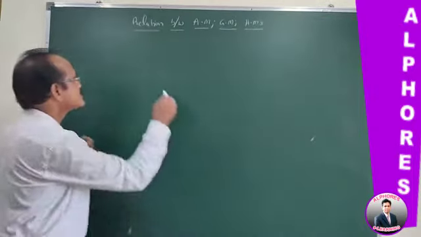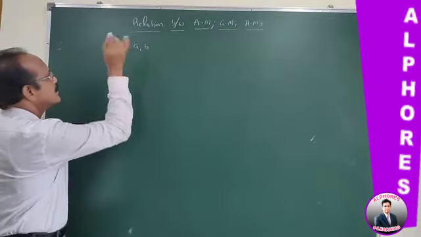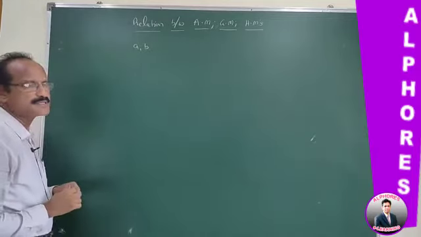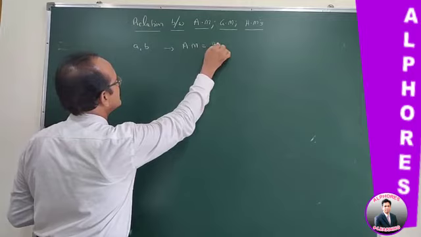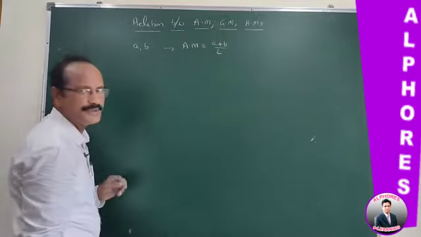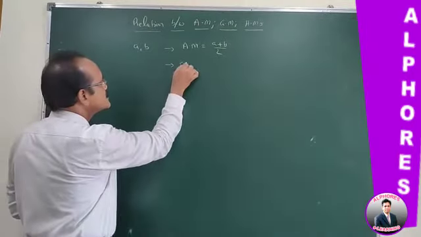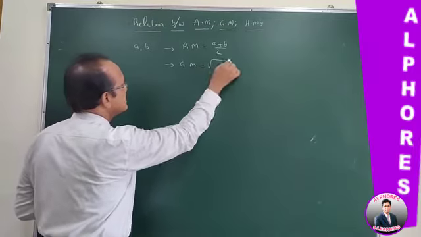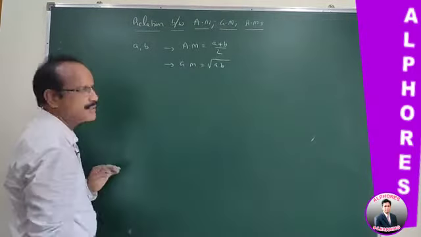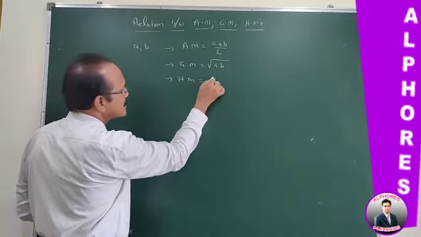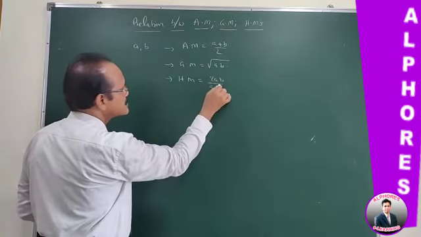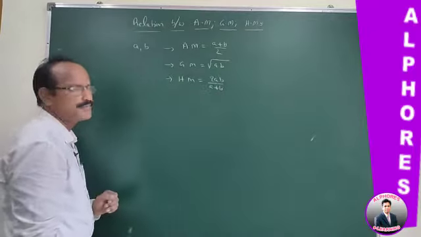So basically, suppose A, B are any two positive real numbers, then their arithmetic mean is given by (A plus B) by 2, geometric mean is given by root AB, and harmonic mean is given by 2AB by (A plus B). This is the harmonic mean, right?